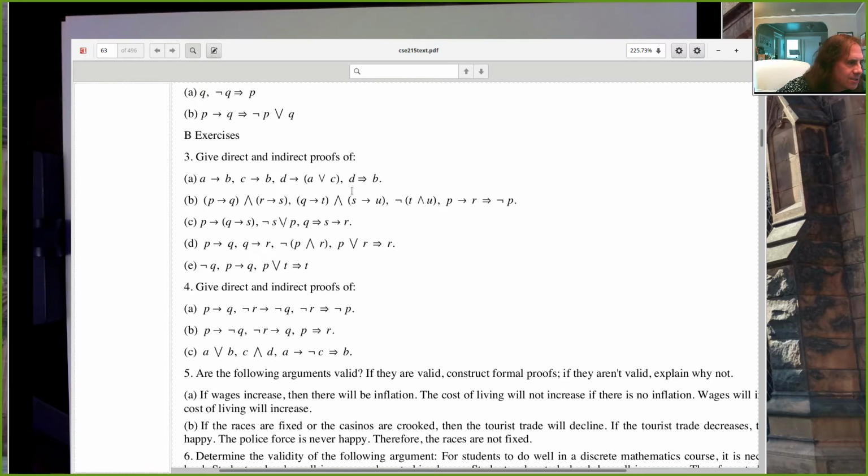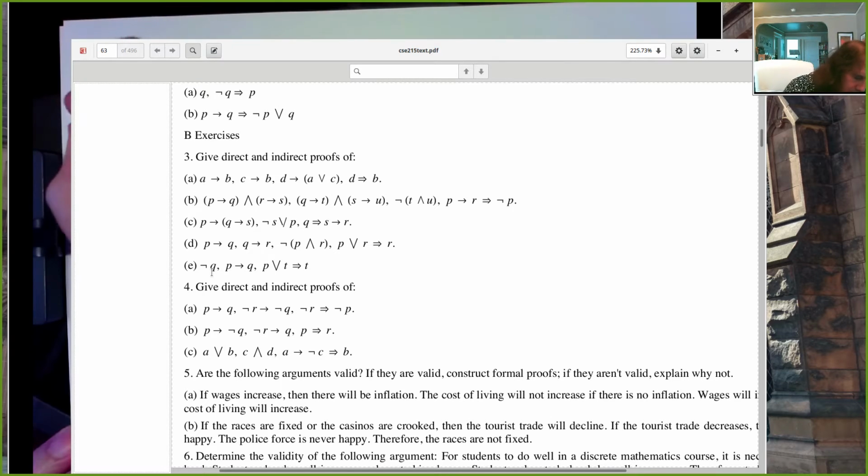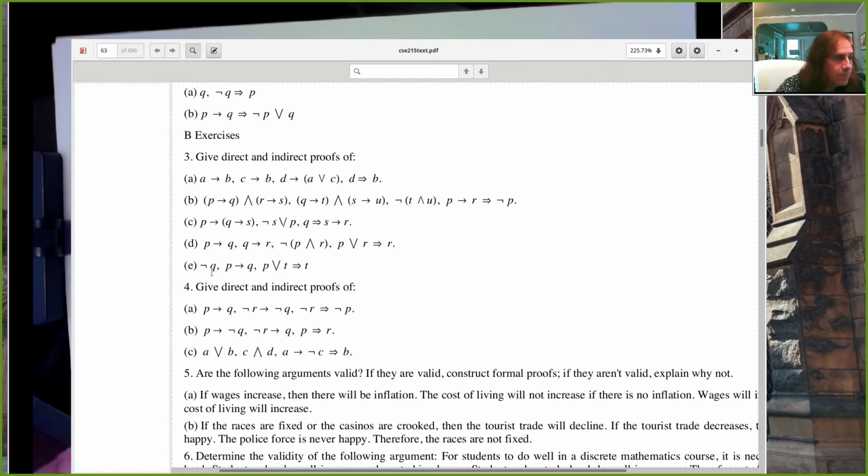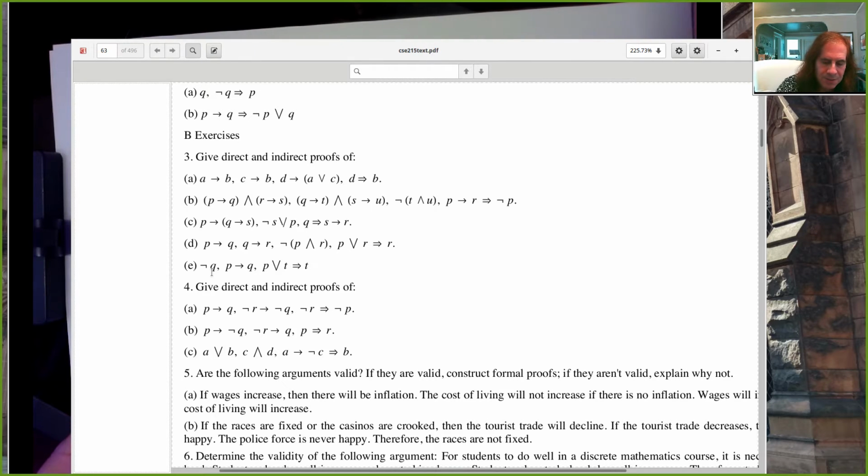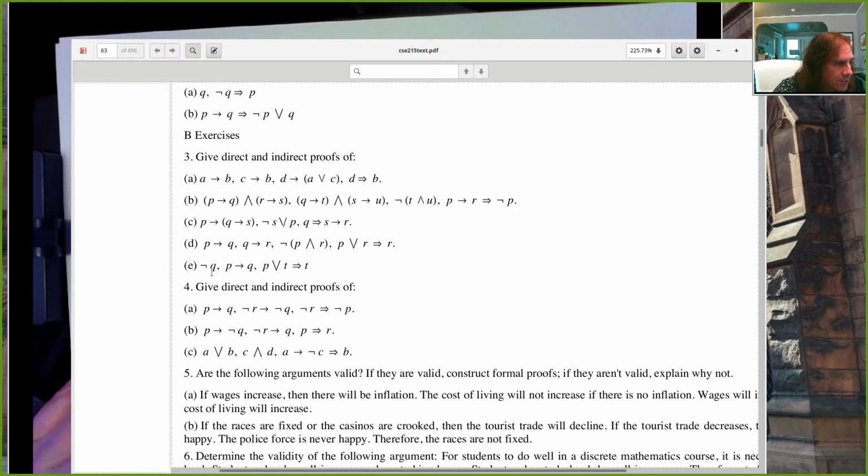So let's look at part E over here. So this is 3.5, 3E. And let me write this down and then I'll switch to my camera.